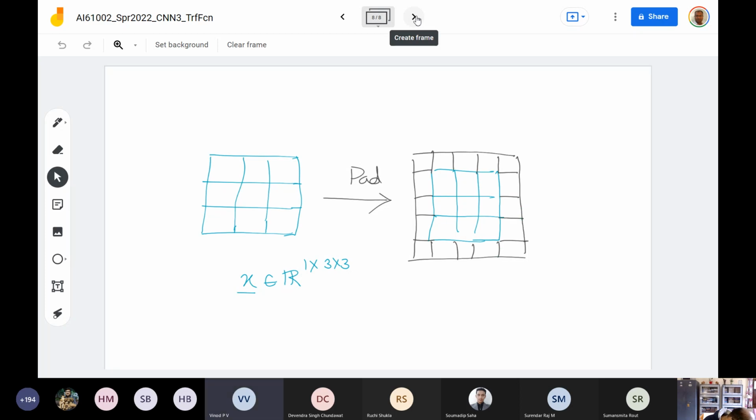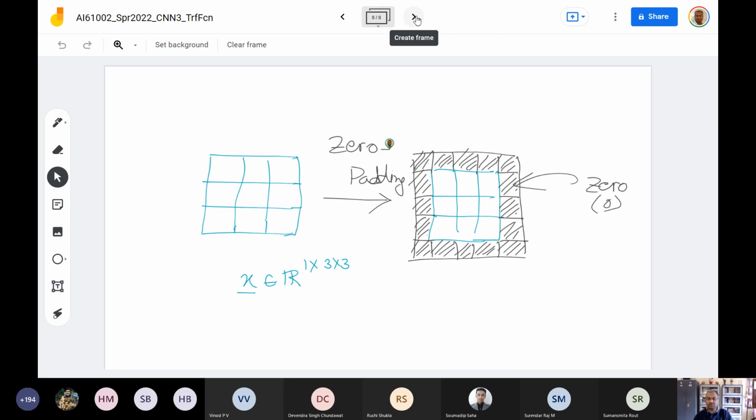These values over here, in my case, I call them zero values, which I added. This operation is typically called zero padding.